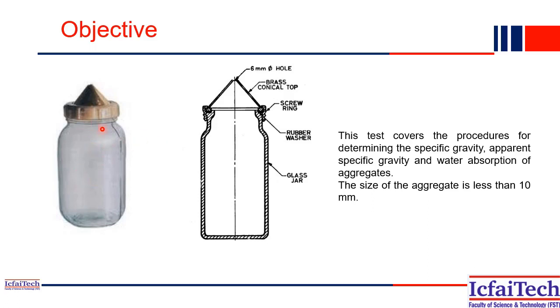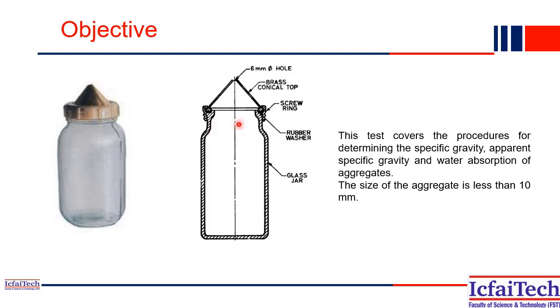You can see this type of bottle is available in our lab, and it is called a pycnometer. It is a simple jar-type bottle with a holder and a conical lid, and at the top there is a small hole.